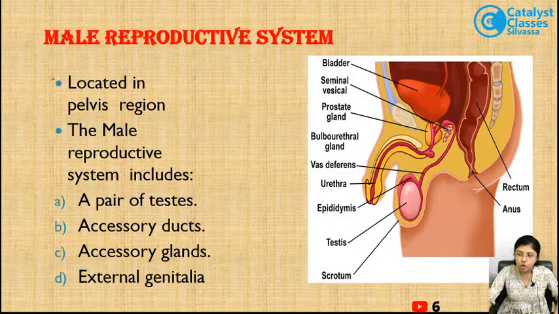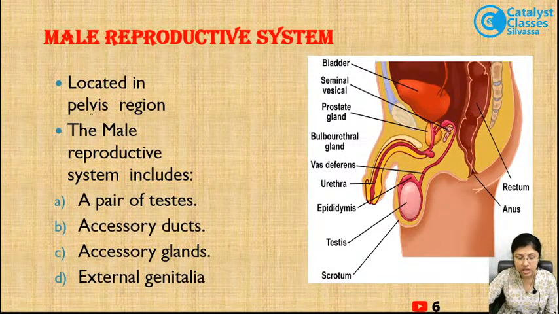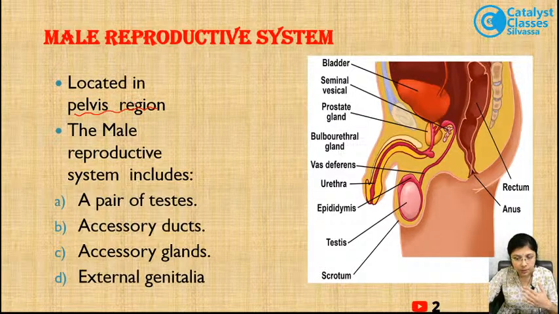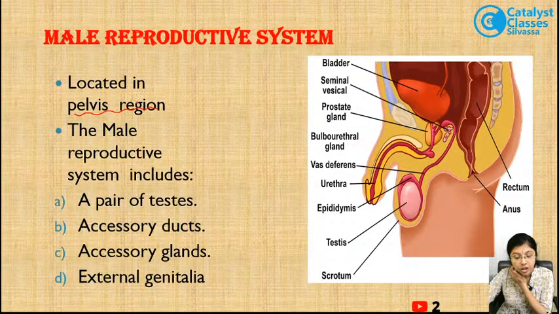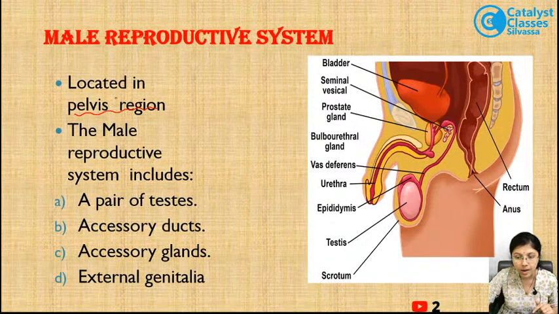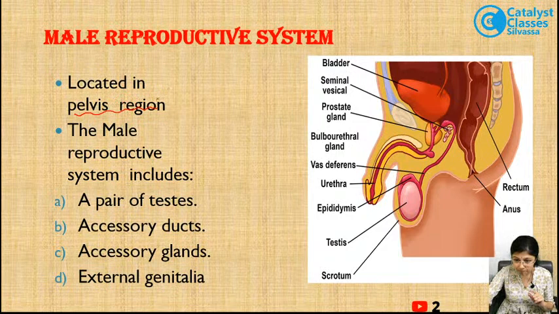Here, if you see the male reproductive system, it is located in the pelvis region. You know which is the pelvis region, the part of your abdominal body part where your tailbone ends, that is the pelvis region.